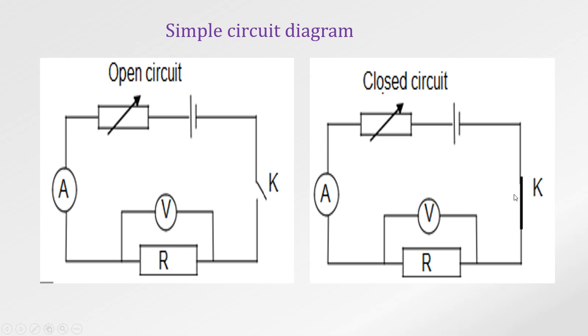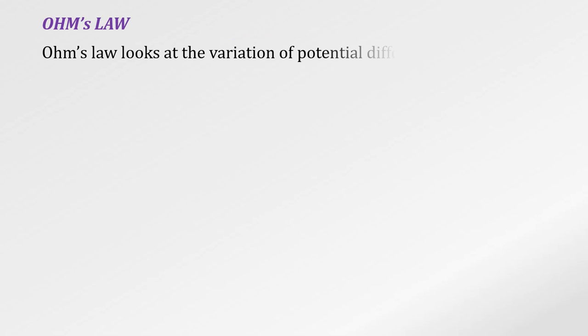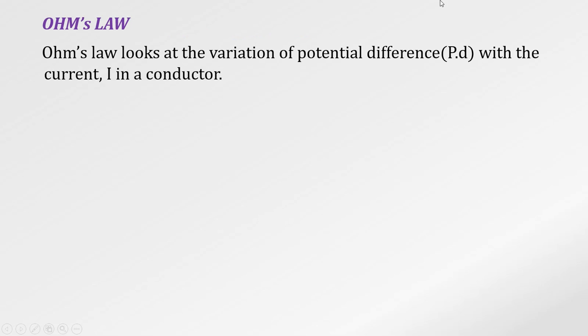Depends on what you have done. Here current is being delivered, but here current is not moving because the circuit is not complete. Here the circuit is complete. So that was just showing you a simple circuit arrangement. But let us go into Ohm's law.